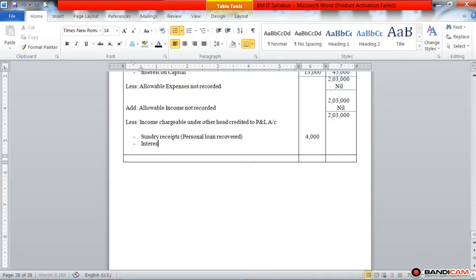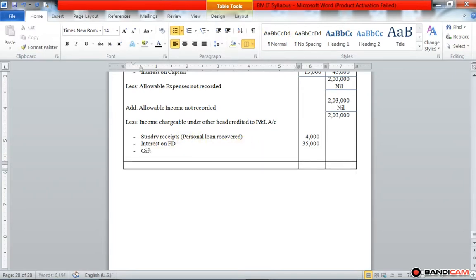Second one is interest on FD, amounted to rupees 35,000. Then gift from friends.